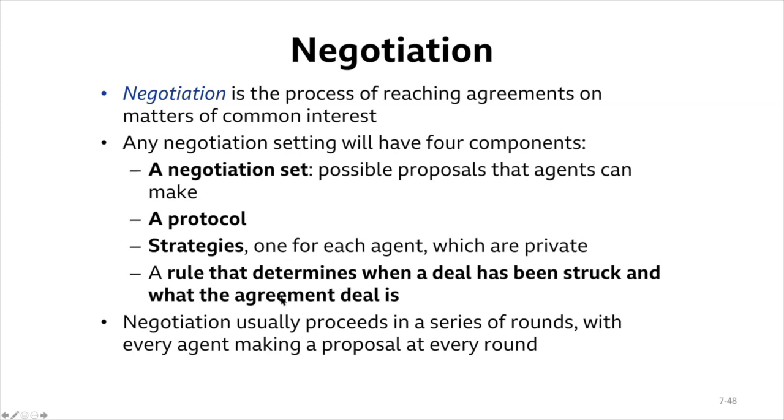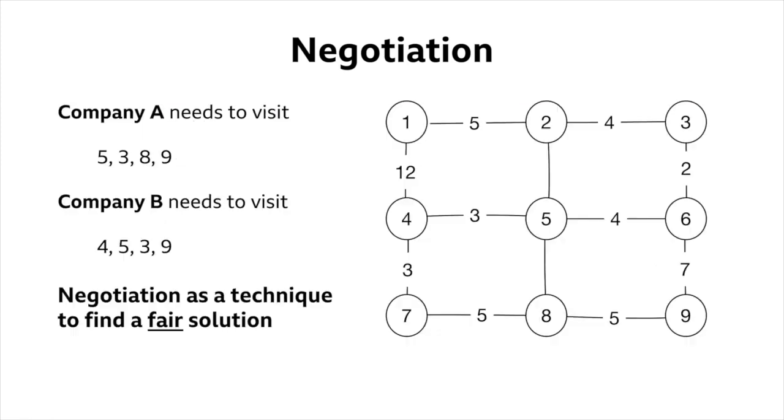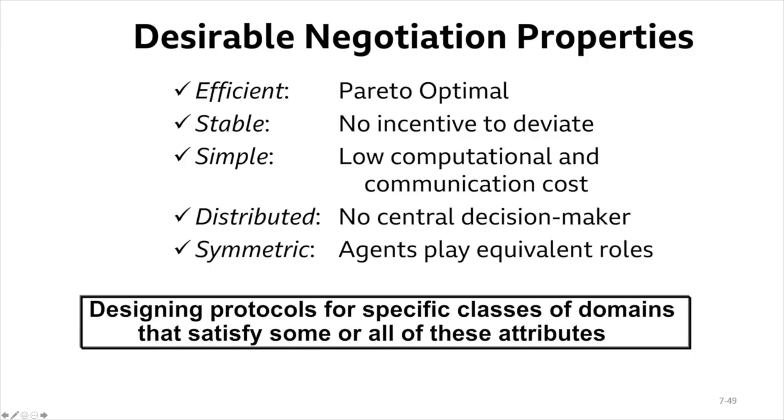And finally, we need a rule that determines when a deal has been struck and what the agreement deal is. And most negotiation protocols, not all, typically take place over a series of rounds, with every agent making a proposal at every round. So what we're going to look at is a particular negotiation protocol which has been used for scenarios like this. Scenarios where the agents will need to reallocate the tasks amongst themselves.